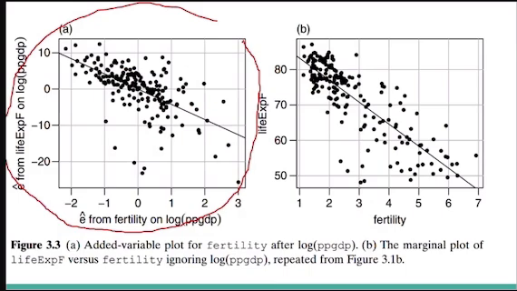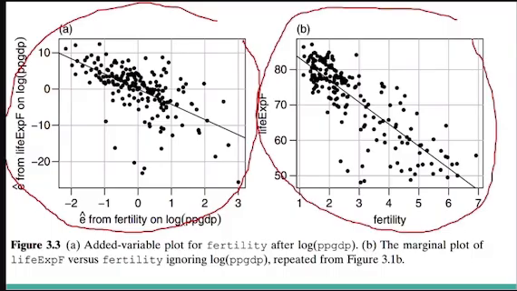But the second one here is a marginal plot, where I have life expectancy on fertility. That one is also about fertility, but when you take a look at it, there is more variation in the marginal plots compared to the variable added plots.